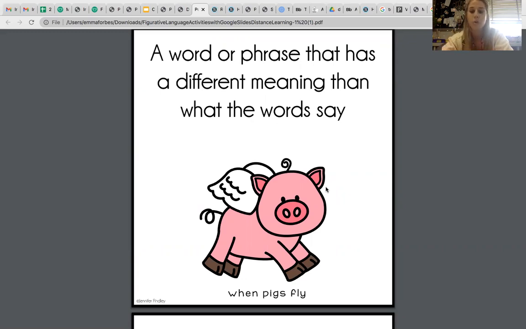I'm going to say, oh, of course, when pigs fly, which means it's not actual pigs going to fly, but when the pigs do fly, that's when we're going to have recess during reading. So idioms are well-known phrases that do not mean what we are really saying, okay?